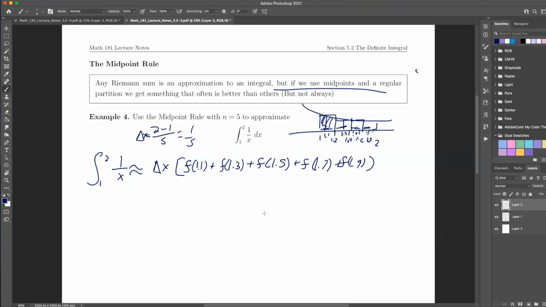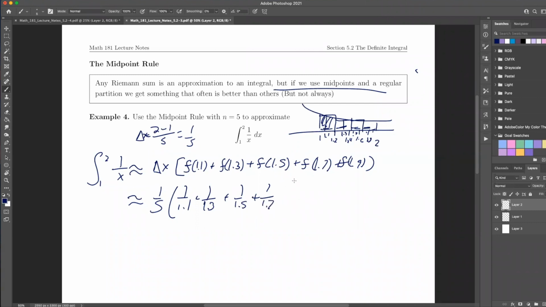This is how we've been doing it. So let's plug in those values. It'll be 1/5 times 1 over 1.1 plus 1 over 1.3 plus 1 over 1.5 plus 1 over 1.7.